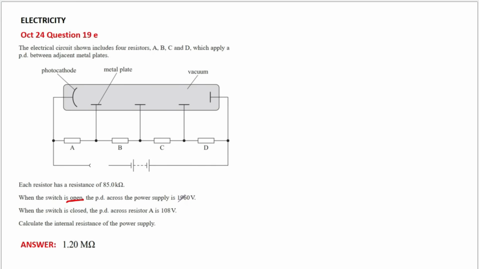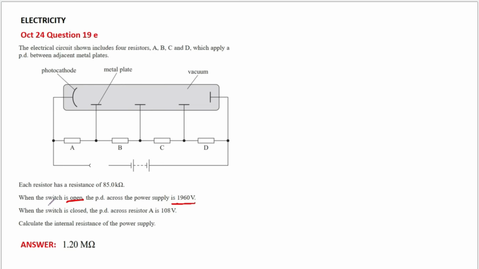So the value of PD is actually the EMF, right? So if no current flows, the potential difference that you get is actually the EMF. And always remember, internal resistance only affects the circuit when there is a current flowing through it, right? So this is your EMF.